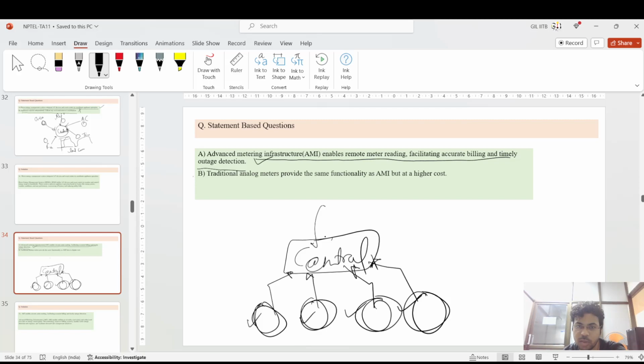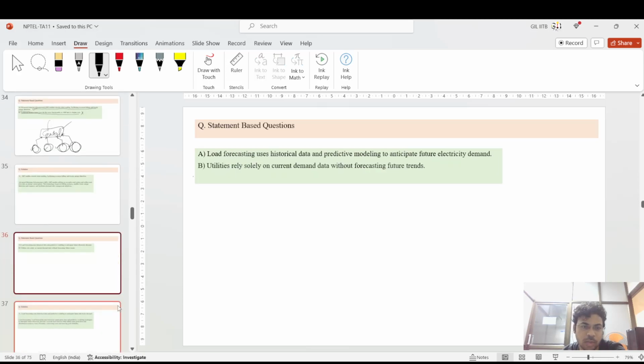So at what rate they can send the power, and how they can manage congestion as well. The second says that additional analog meters provide the same functionality as AMI but at a higher cost. That is false, because they don't have this advanced metering infrastructure or central controllers.